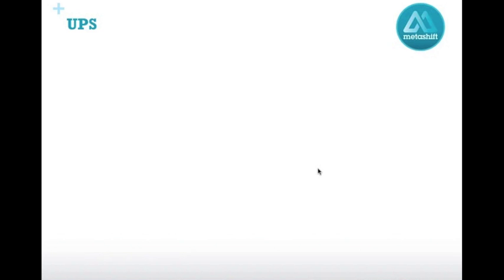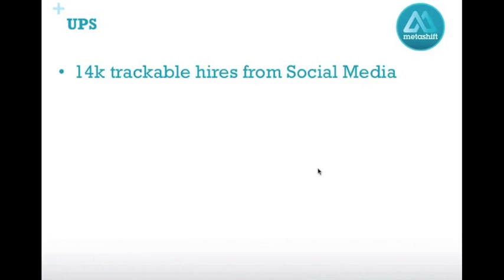So if you think that the Google stat isn't a smoking gun, I think these are really, really interesting because this is an employer putting this kind of stuff into practice. In 2012, UPS had 14,000 trackable hires from social media. They track everything they do. They know that 14,000 of the people they hired had interfaced in some way with their social media platforms.